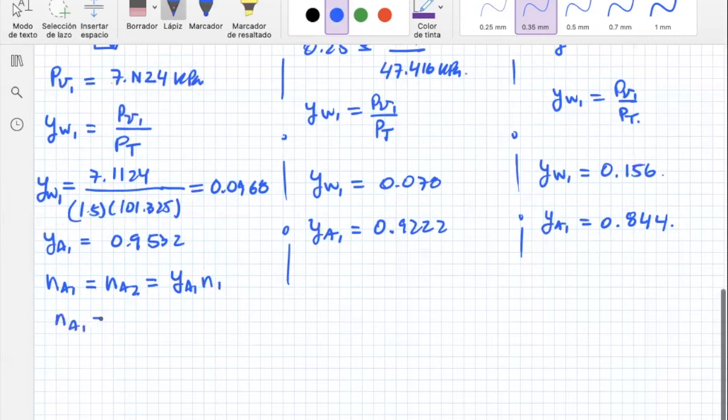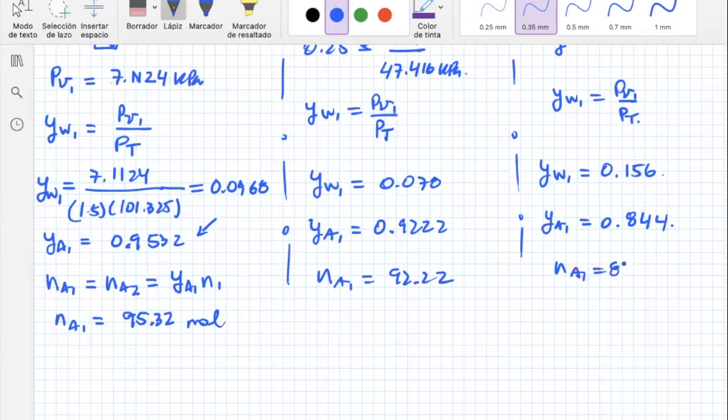Therefore, I'm going to put all the NA1s that I know here, and this is 95.32. It's just multiplying this by 100, so it's not very complicated. The same thing is going to happen here, so you can skip ahead in this video, because I'm just putting these numbers out there. So this is Na1, which is equal to Na2.